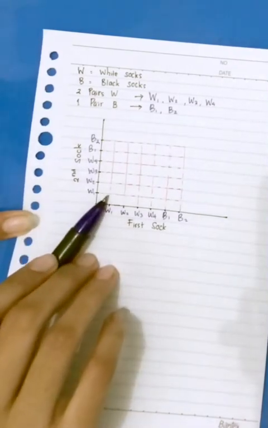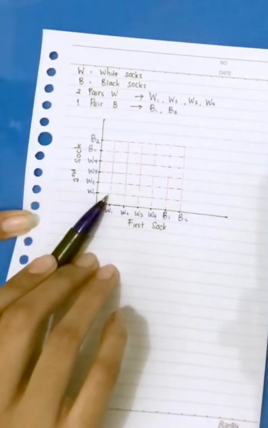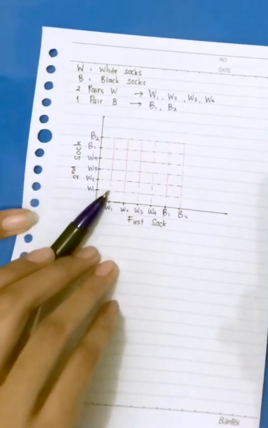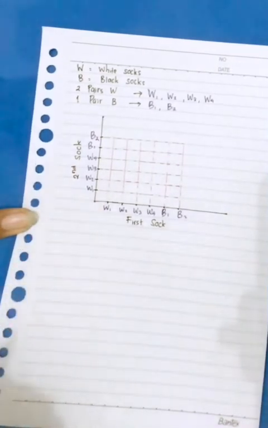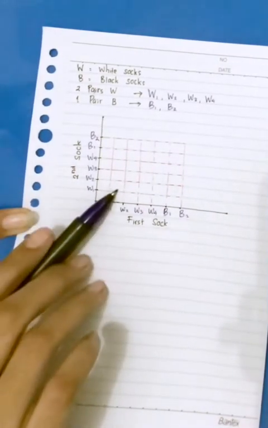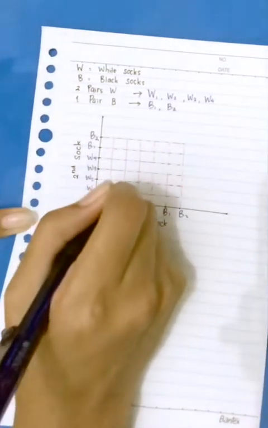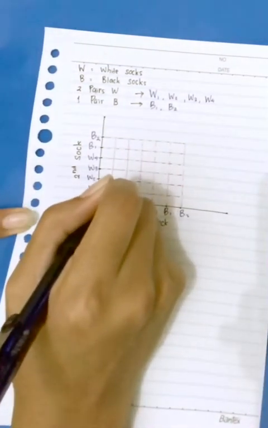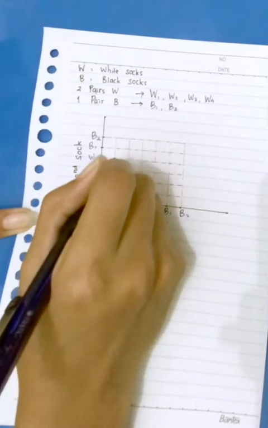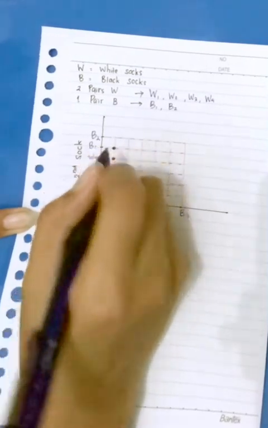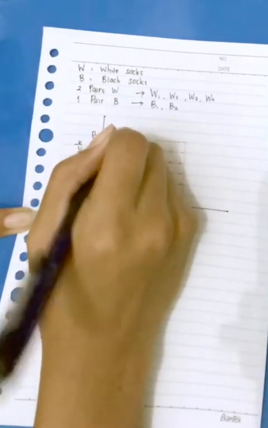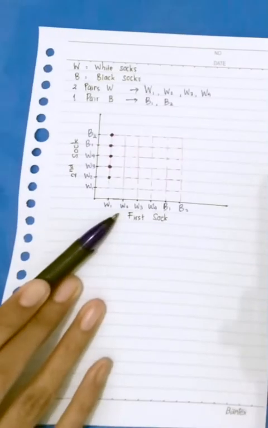So for this one, we just keep it blank. We will not draw a dot here because it is not a possible outcome. It is impossible. So let's just draw dots here, this, and this. And then let's check the next one.